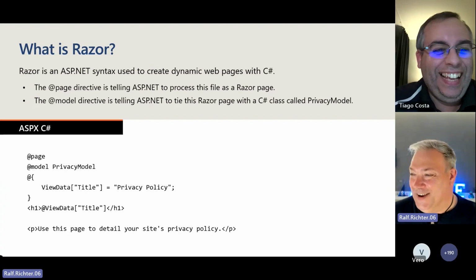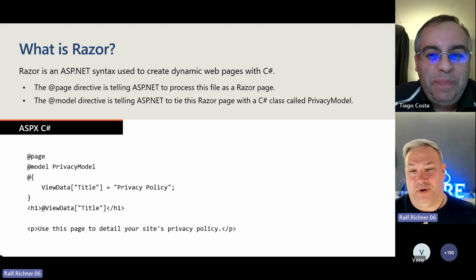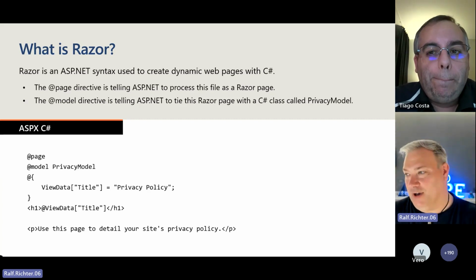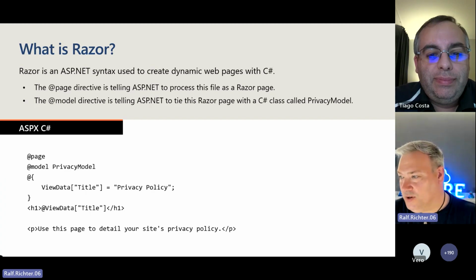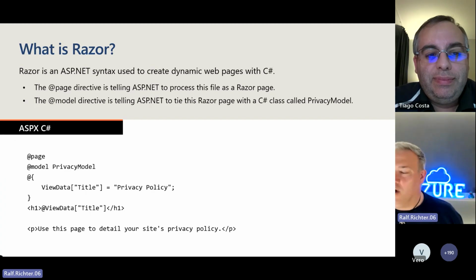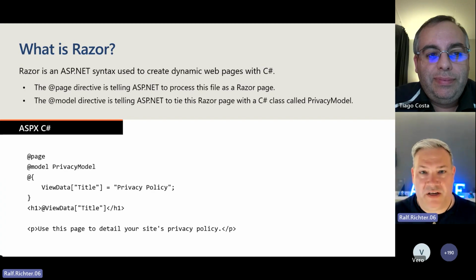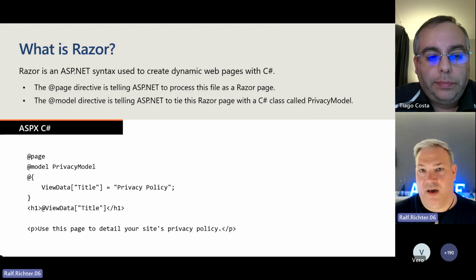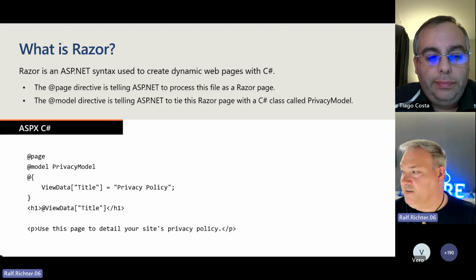Yeah, that's true. So Razor is a format on how you can have your C# code later on translated into HTML. Therefore, Razor has a syntax which enables ASP.NET to have dynamic web pages written in C#. And then we have those directives with the @ before, like @page, which tells ASP.NET to handle that as a page.